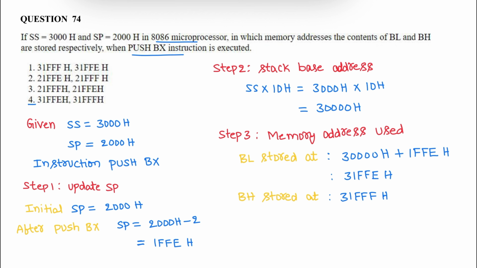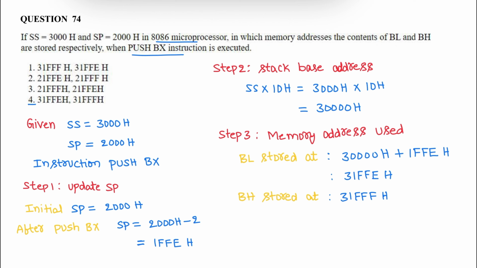Given SS is 3000H, SP is 2000H, instruction is PUSH BX. Step 1. Update stack pointer. Initial value of the stack pointer is 2000H. After the push instruction, the stack pointer value is decremented by 2. 2000H minus 2 is 1FFEH.